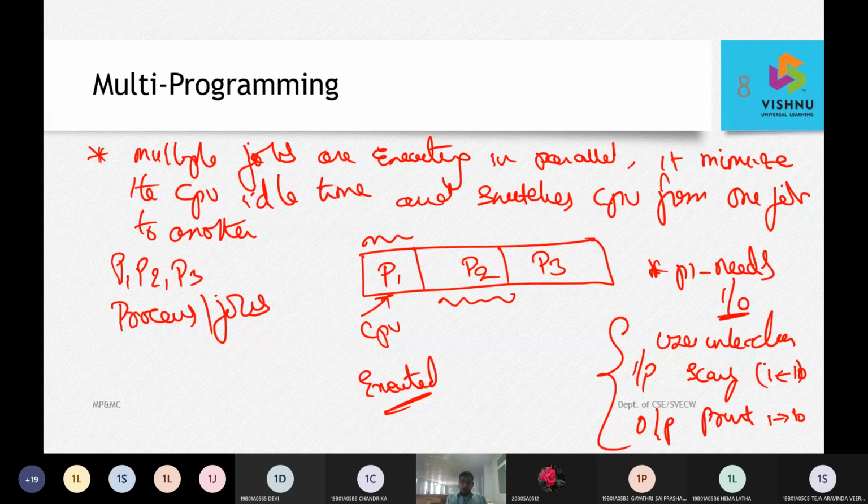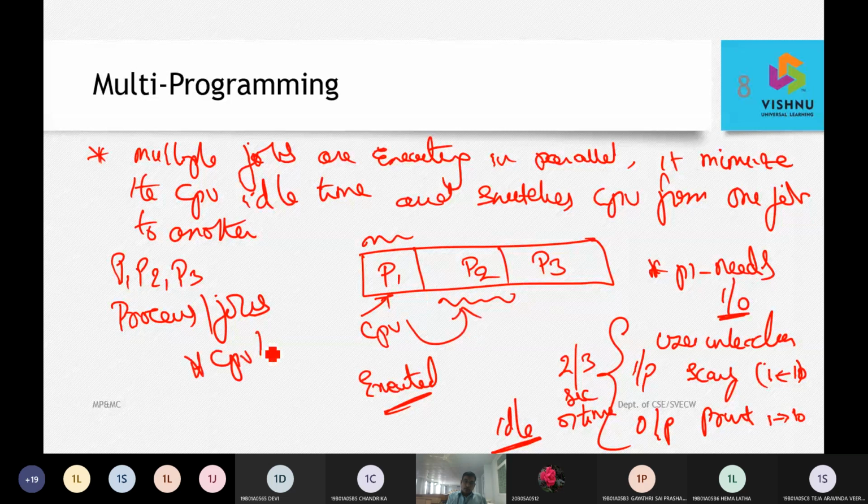This module will need some 2 or 3 seconds of time. This 2 or 3 seconds of time, we are going to call an idle time of the CPU. Meanwhile, the CPU switches from one job to another.